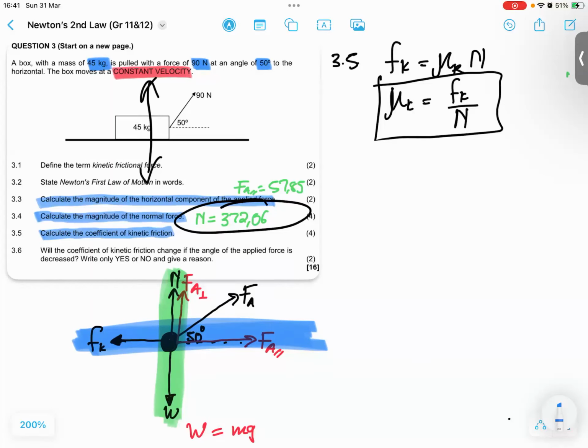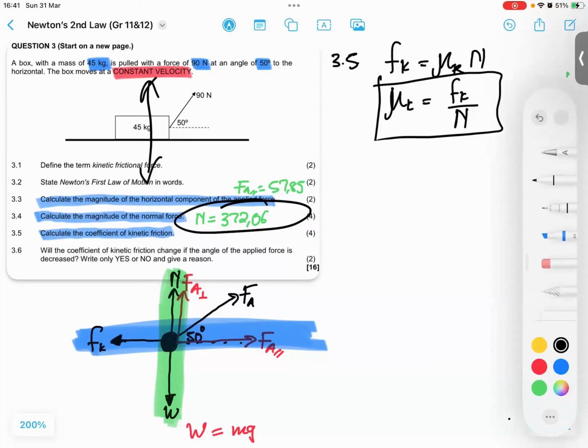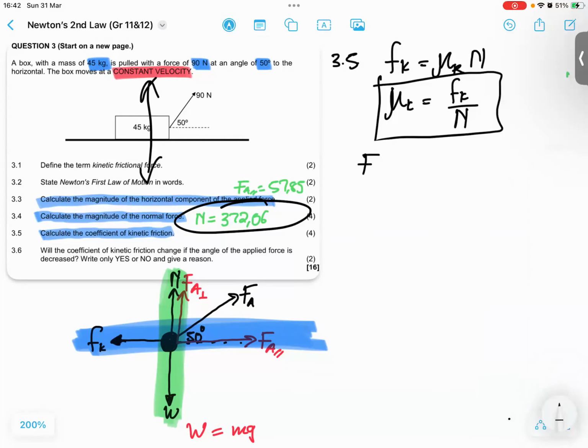Remember I said that the net force is where I'm going to start. Net force is equal to MA, but we know that because the object moves with a constant velocity, the net force is equal to 0.